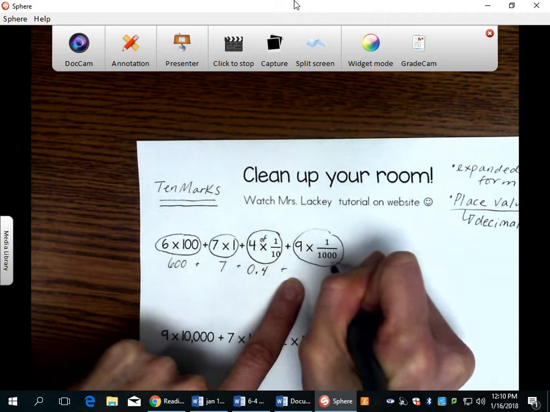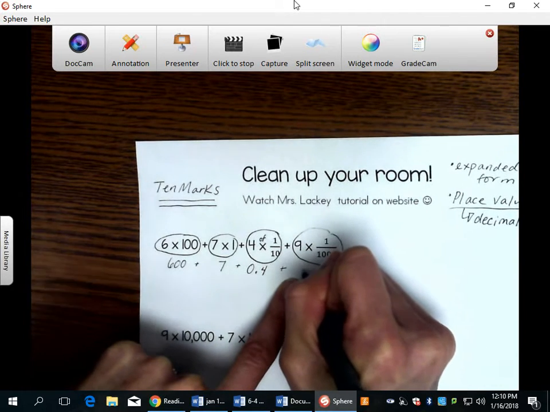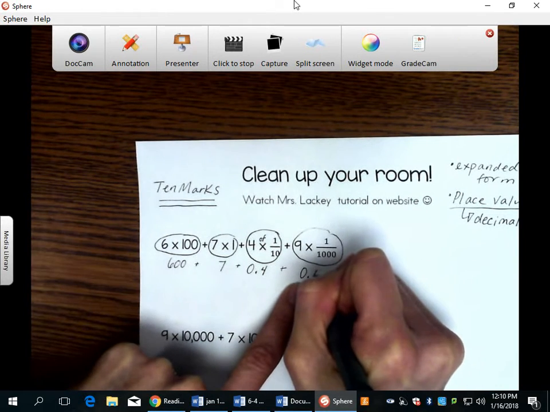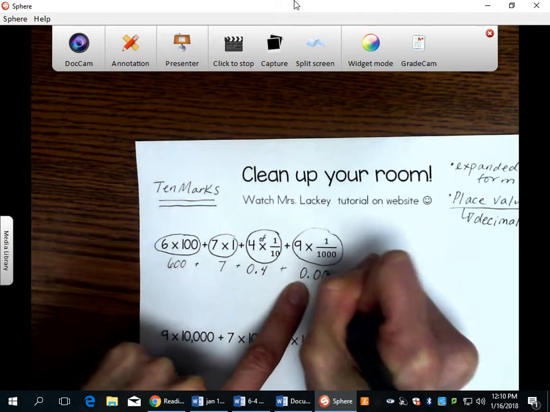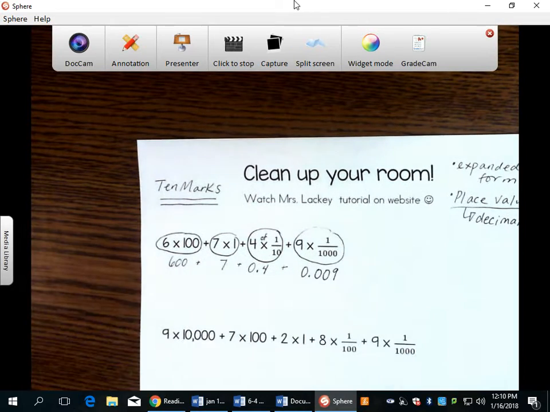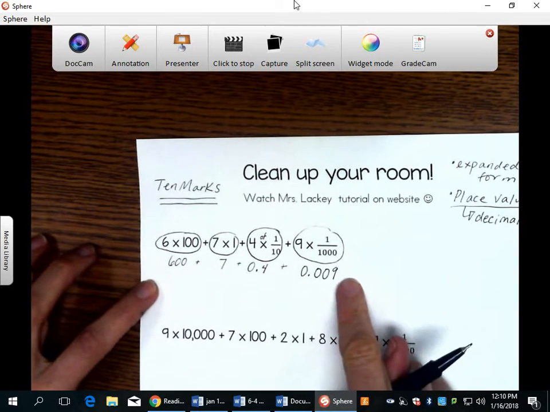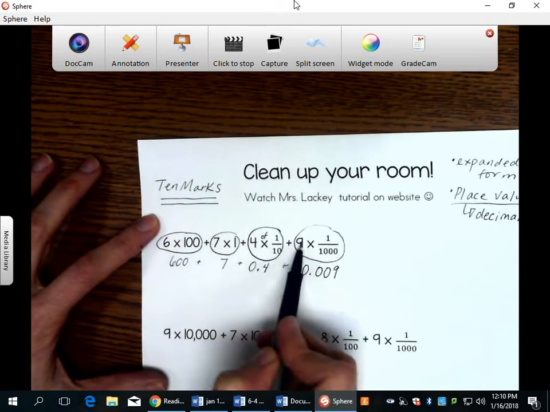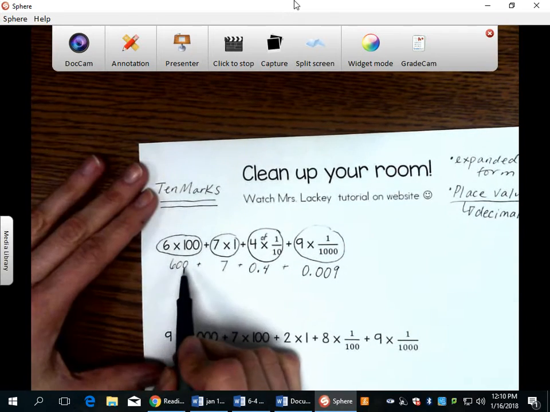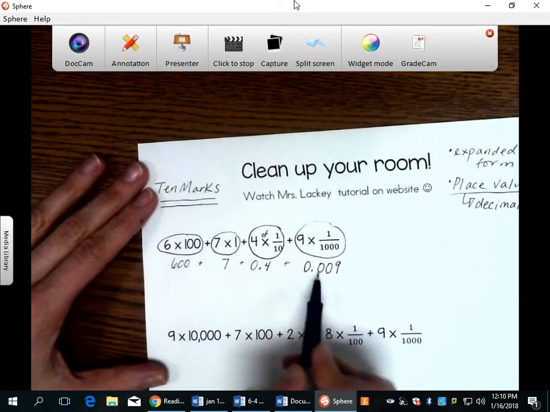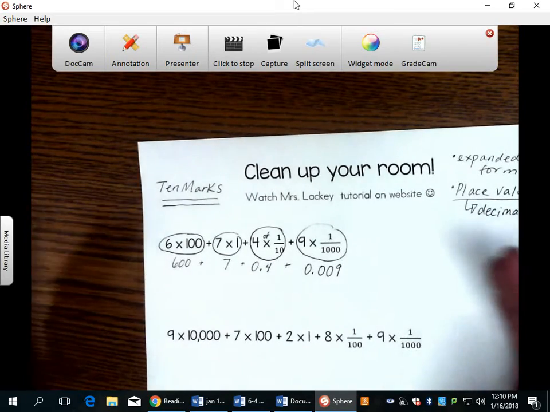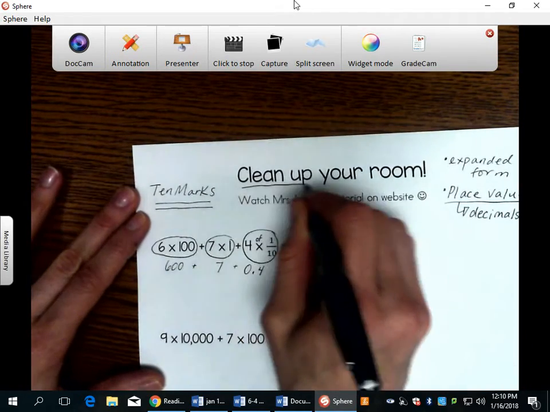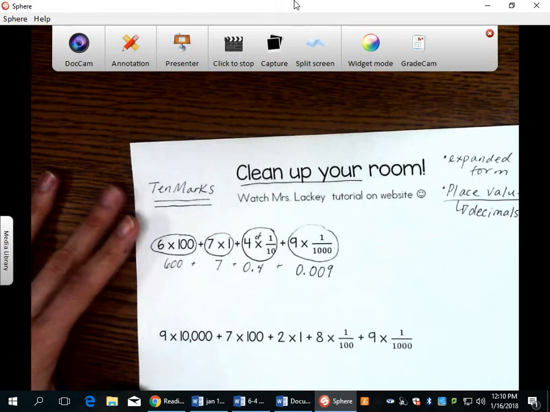If I want to write 9 thousandths, there's no whole, no tenths, no hundredths, and then 9 thousandths. Look, if you count, it's 1, 2, 3, 4, 5, 6, 7, 8 numbers, and now I've simplified it to 1, 2, 3, 4. But I can still clean this up a little bit more.